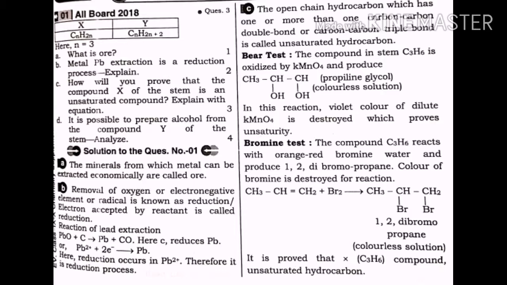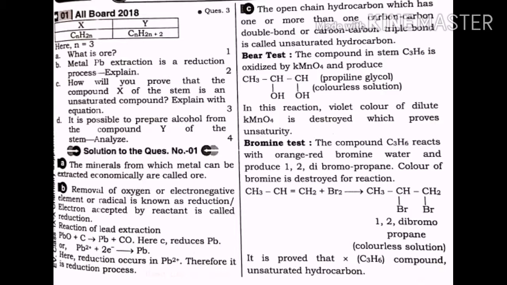In the last compound, the last carbon, we have to write CH2OH. In this reaction, the violet color of dilute KMnO4 is destroyed, which proves the unsaturation of propene.